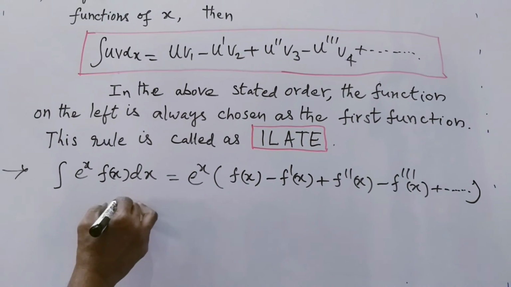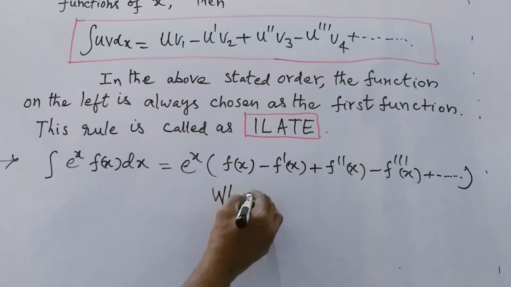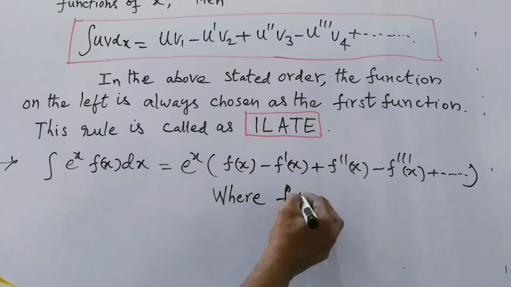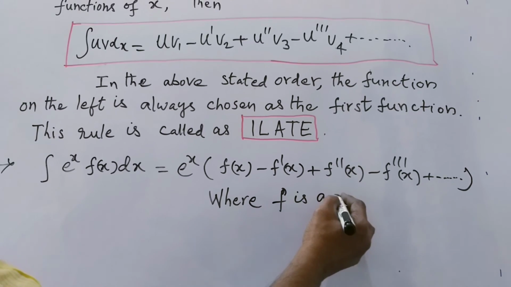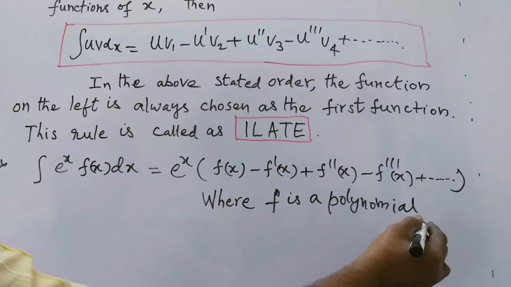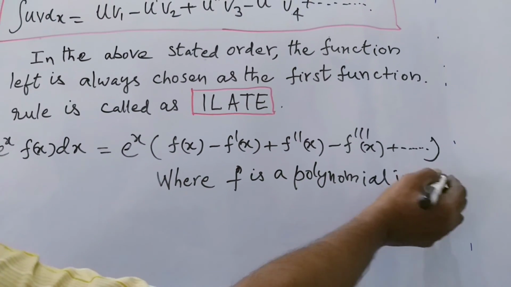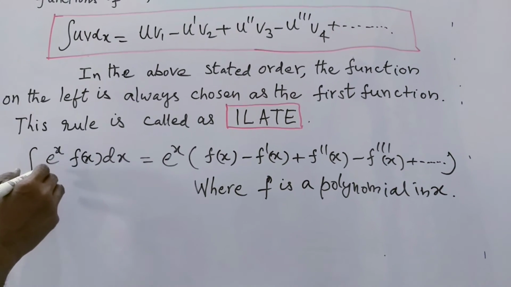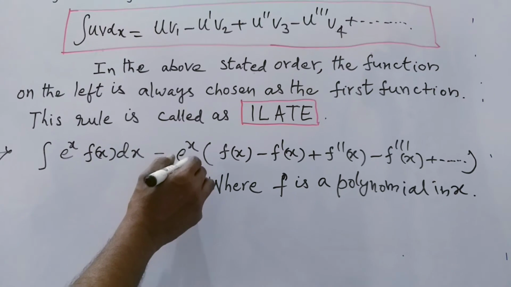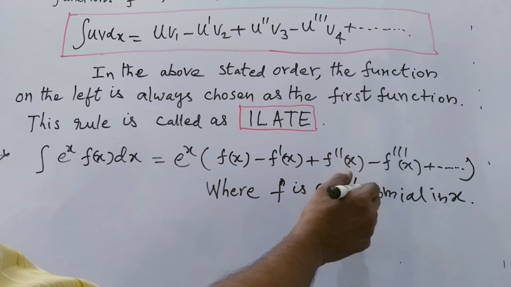Where f is a polynomial in x. The integral of e to the power of x f of x dx is equal to e to the power of x of f of x minus f dash of x plus f double dash of x minus f triple dash of x plus and so on.